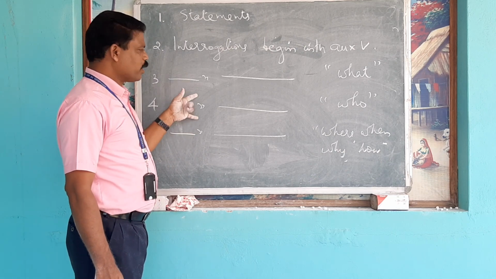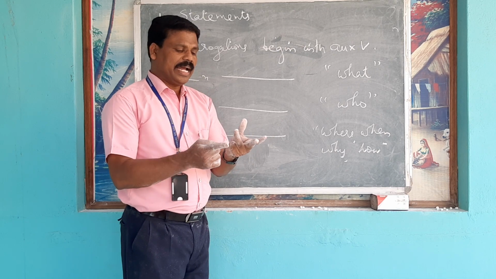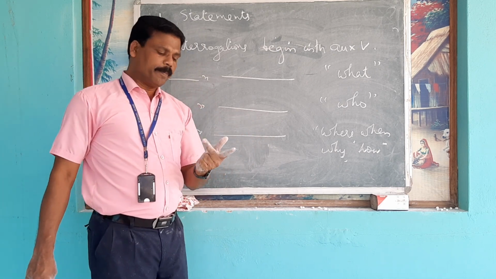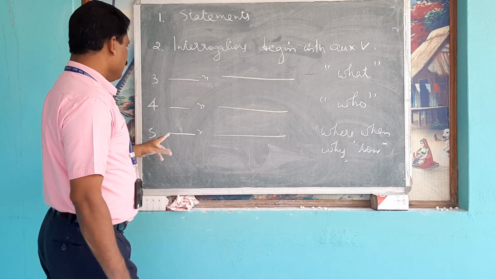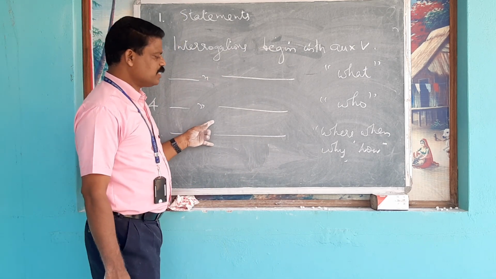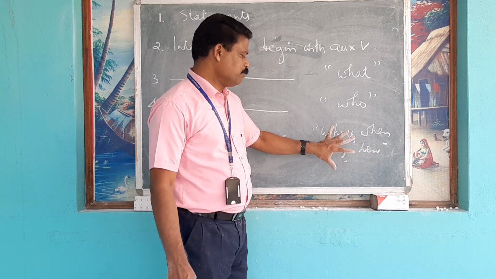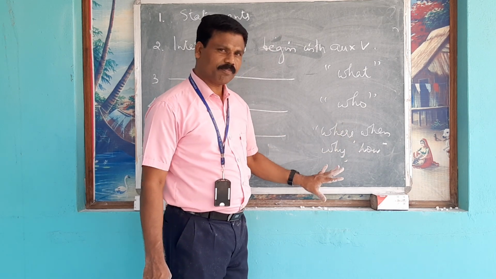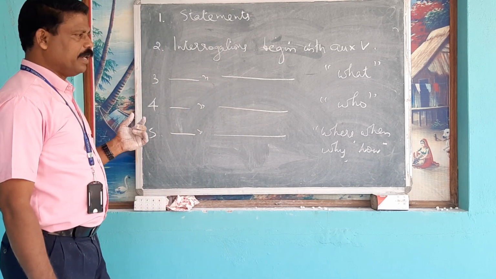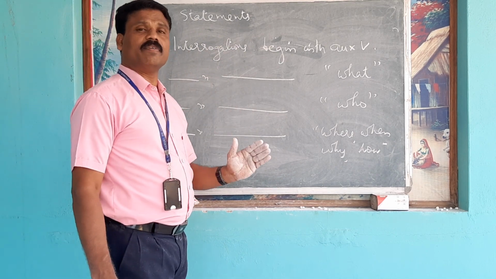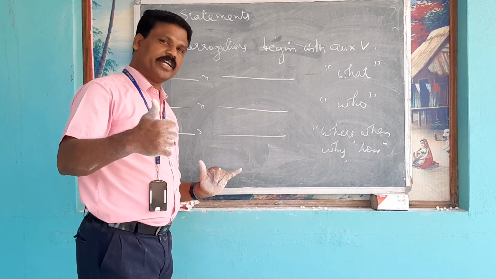Interrogations beginning with who: first by whom, then the auxiliary verb, then be, being, been plus the third verb plus question mark. Next, interrogations beginning with where, when, why, how: first write where, when, why, how, then the auxiliary verb, object, then be, being, been plus the third verb, then by plus subject plus question mark. Did you get it?